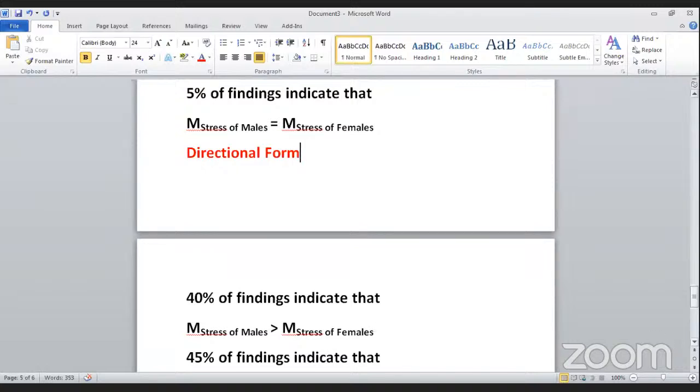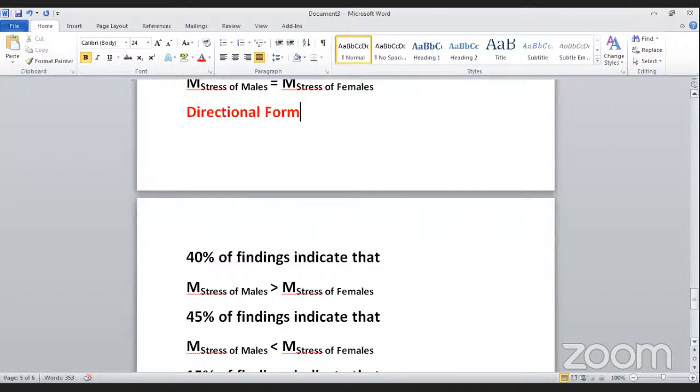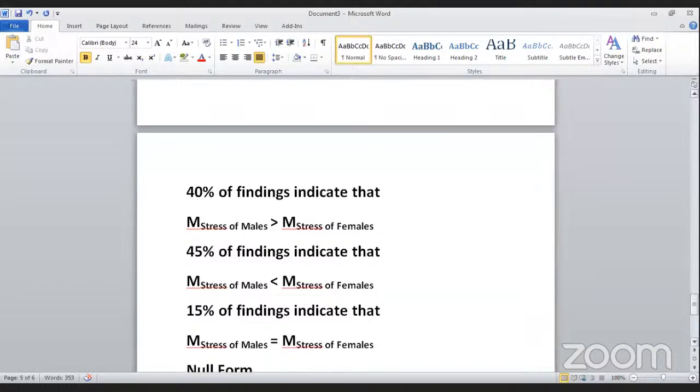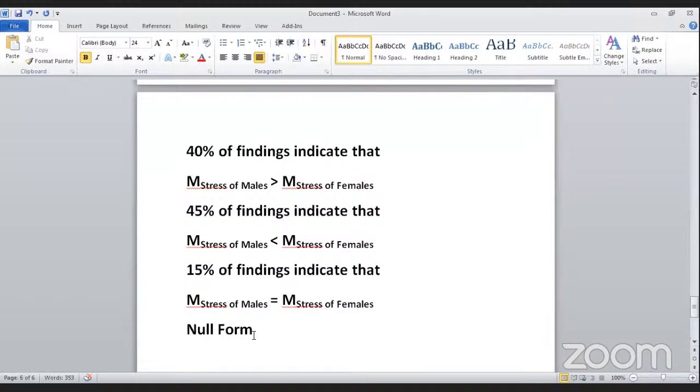And 45% of the research findings indicate that mean score of stress of males is significantly lower than the mean score of stress of female, and 15% indicate that the mean score of stress of male is equal to the mean score of stress of female. Now, if such a situation is there, then you do not have a strong base to give the direction. So you have to formulate the hypothesis in the null form.